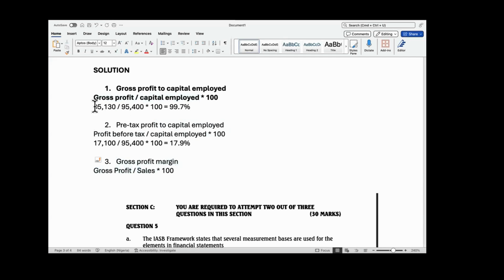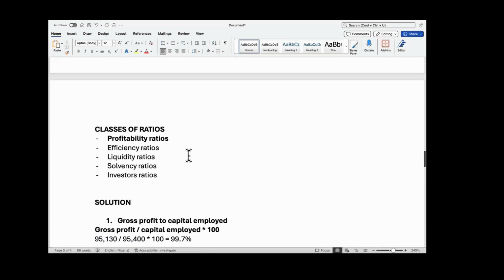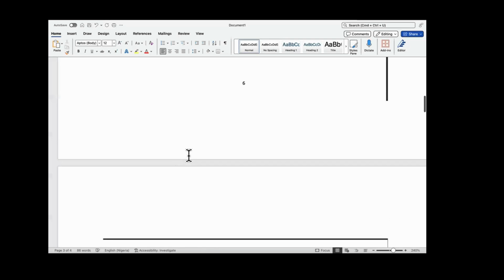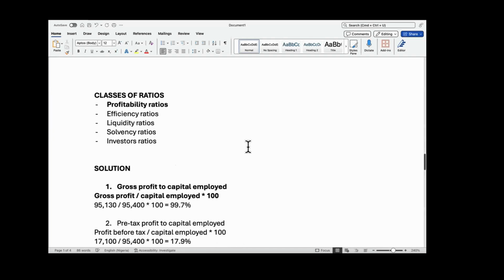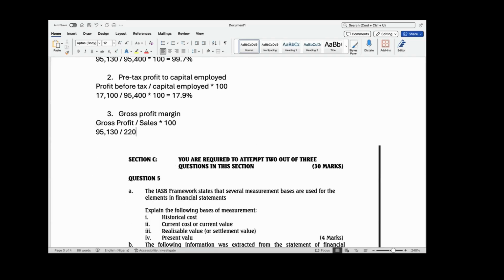From up here, we can simply obtain our gross profits. Then we have to go back to the question to get our sales. And what's our sales? Which is the revenue? 229.50, right? Yes, sir. 229.50 times 100 over 1.